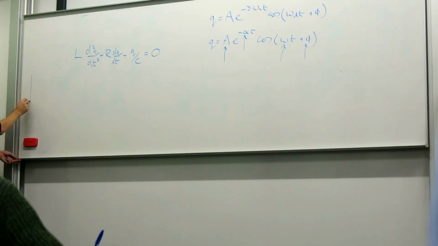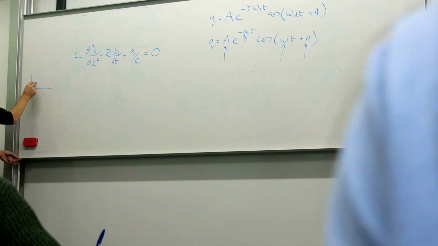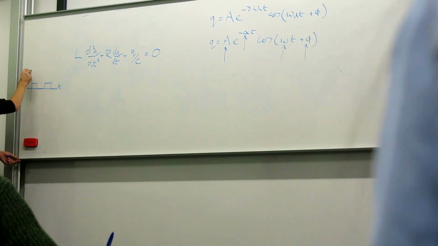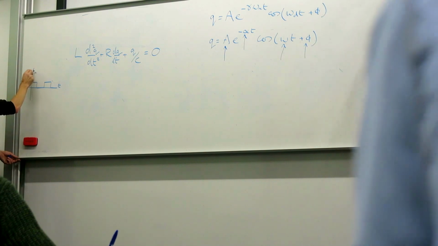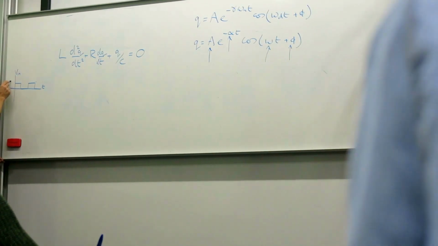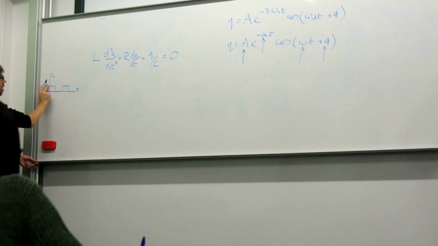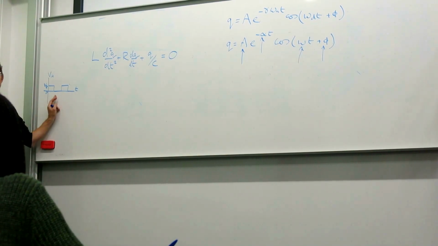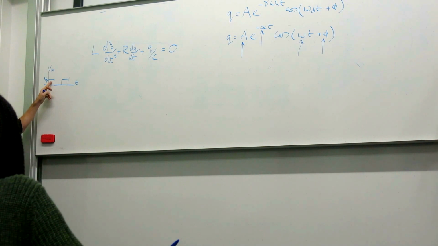Explain what that means. So if the square wave was going between, this is the voltage applied, if it was going between 0 and Vs, then what happens is this is kicking off oscillations.